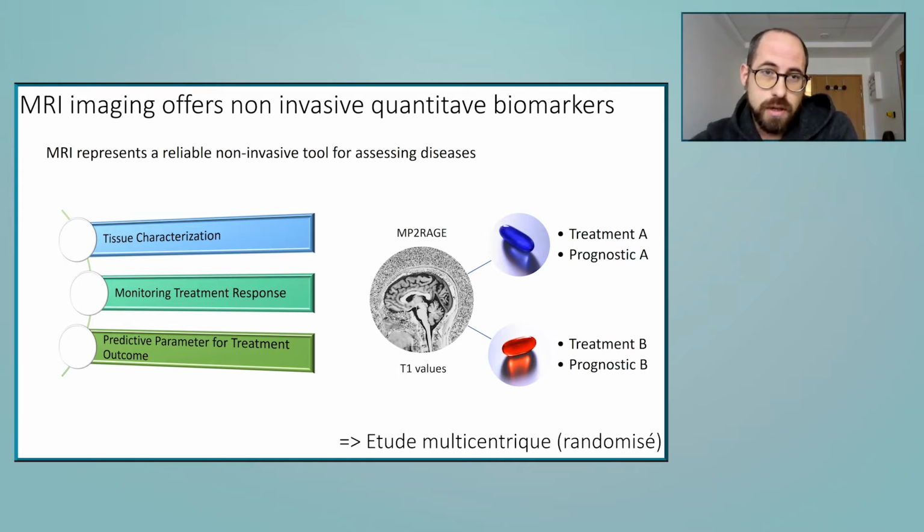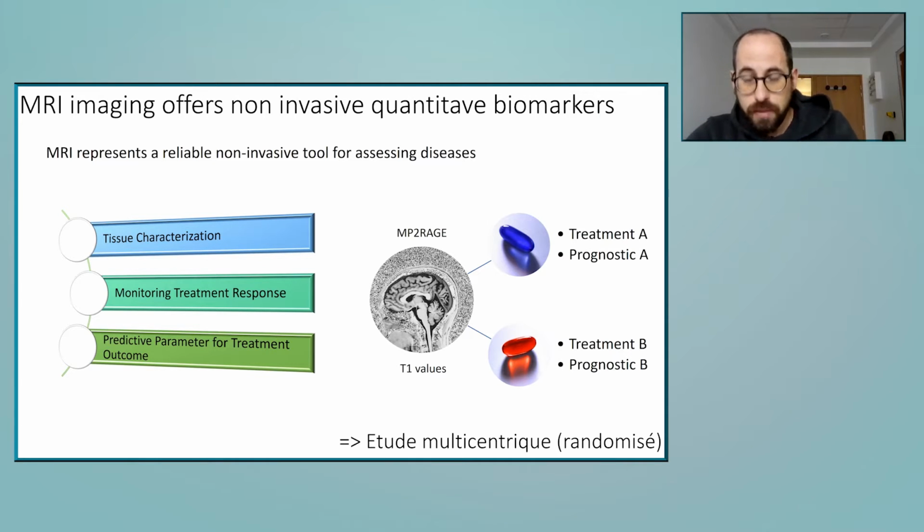MRI is a modality that gives us the possibility to have qualitative information, but also quantitative information, like biomarkers. So you can do tissue characterization, you can monitor response to treatment, or you can also get some predictive parameters after a treatment.